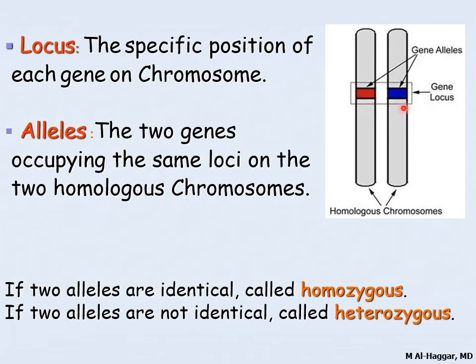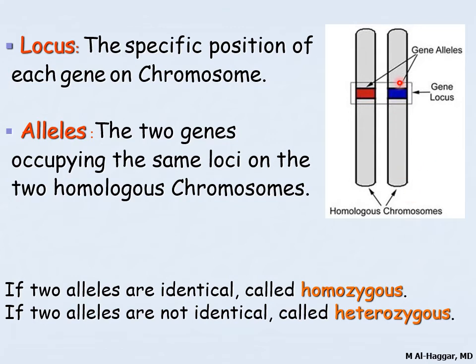But the gene on both homologous chromosomes is not essentially the same, it may be different, may have one allele here and one allele there. So the alleles are the types of the genes in the homologous chromosomes, but the gene locus is the part of the chromosome in which the gene is present.